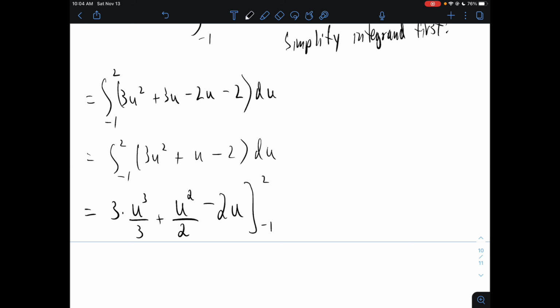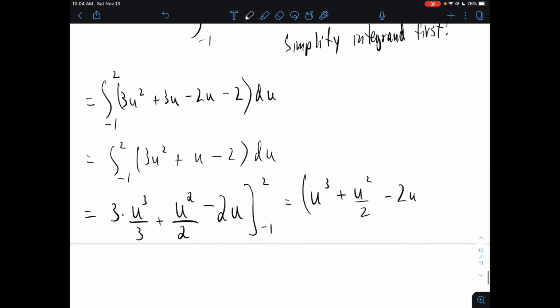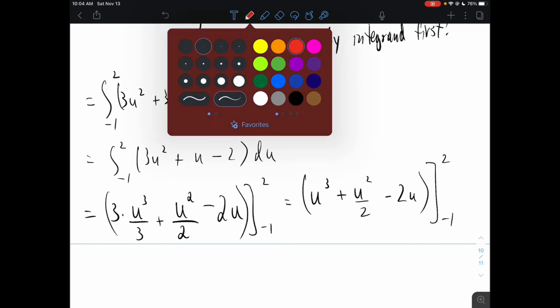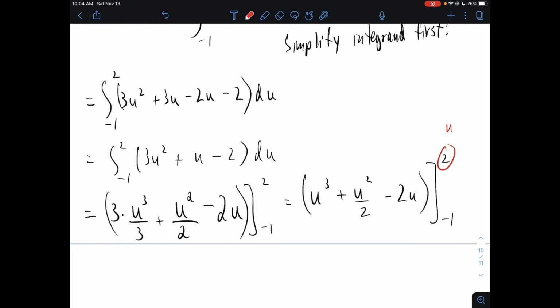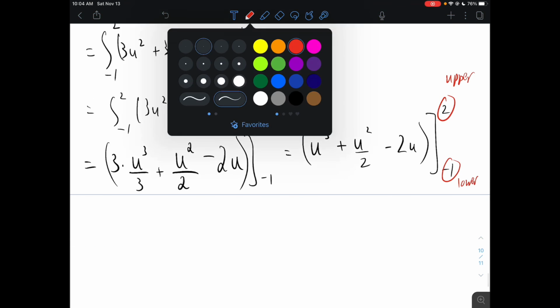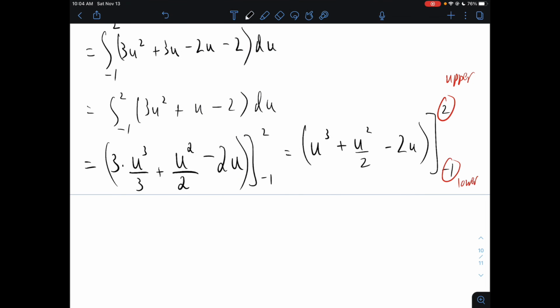So I can clean this up a little bit. This turns into u to the third power plus u squared over 2 minus 2u. All of that stuff is going to get our limits. Remember that your upper limit 2 goes first, and then the lower limit goes second, which means I need to plug in 2 for every instance of u.